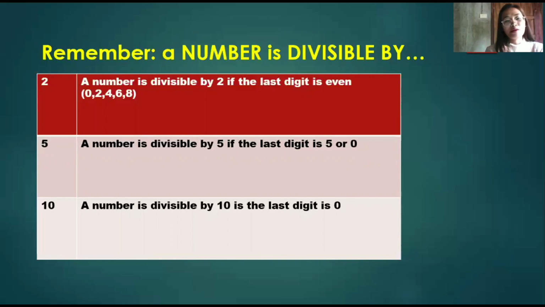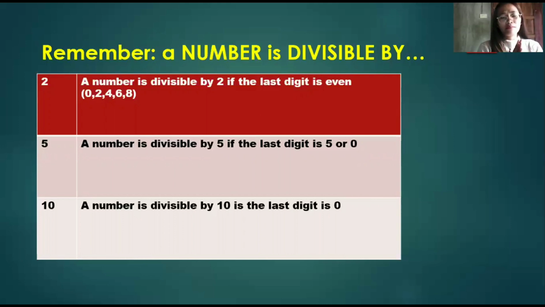So you can have the numbers 0, 2, 4, 6, and 8. And then, divisibility rule for 5, a number is divisible by 5 if the last digit is 5 or 0. So remember this. If the last number is 5 or 0, automatically it is divisible by 5. Then, divisibility rule for 10, a number is divisible by 10 if the last digit is 0. Okay, so remember this.